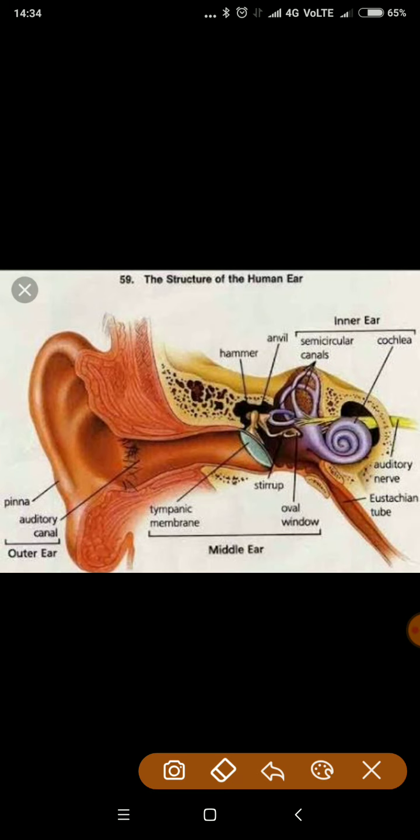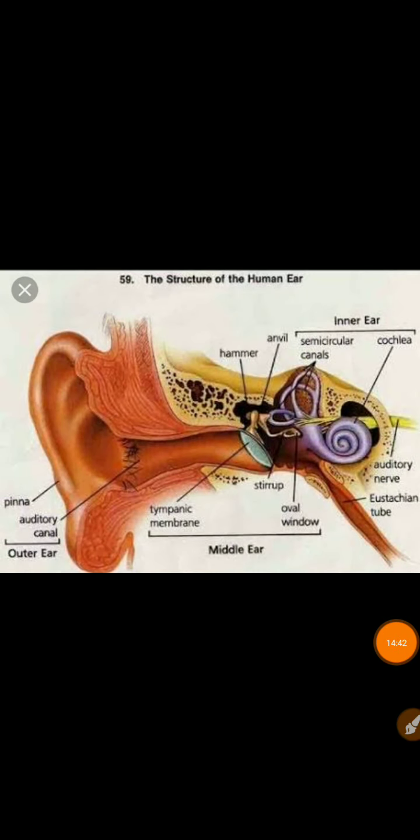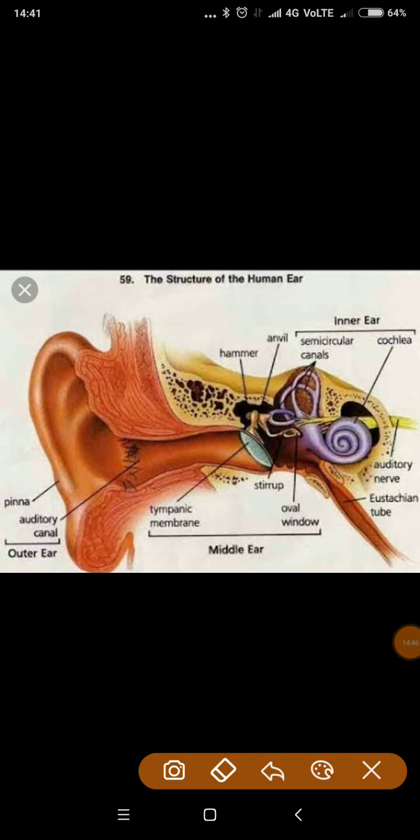Now let's discuss what is the working and what is the function of this eustachian tube. So are you able to see this eustachian tube over here? What is this?